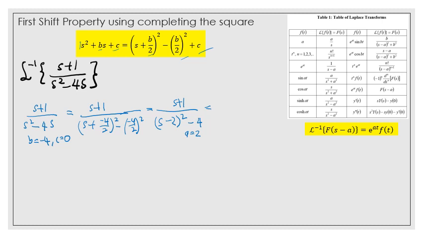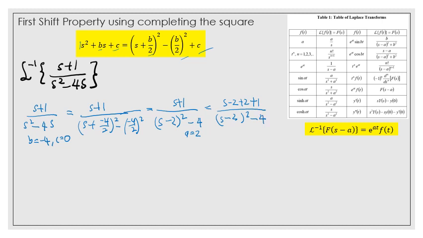So a equal to 2, so up here we need to put also s minus 2, then we put back plus 2. Okay, then just copy back the original equation. We have plus 1 over (s minus 2) power 2 minus 4.